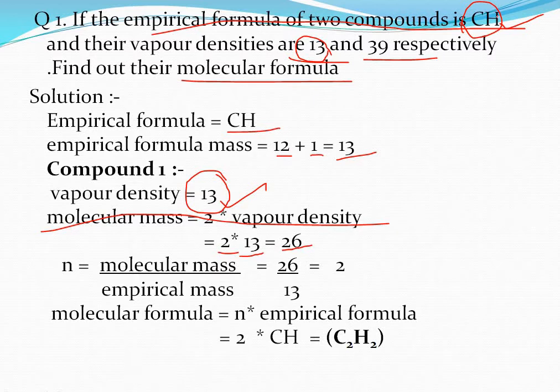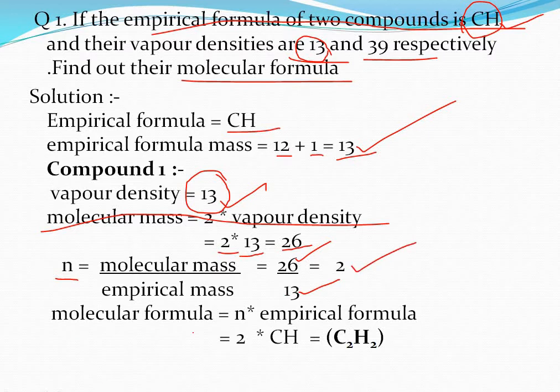Now you have the empirical formula and want to calculate the molecular formula, right? So you need to calculate the value of n, the integer. n equals molecular mass divided by empirical mass. Molecular mass for this compound is 26, which we calculated from this formula, and the empirical mass we calculate from the empirical formula, that is 13. So the value of integer n equals 2.